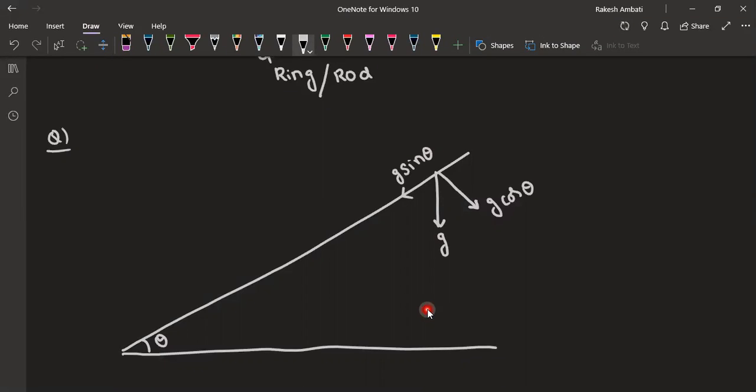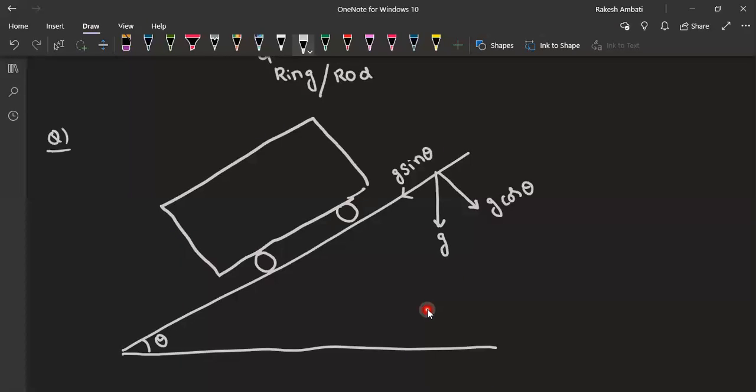The question is, on the inclined plane, a car is moving down with uniform velocity. In the question, it is given, the car is moving down with uniform velocity.